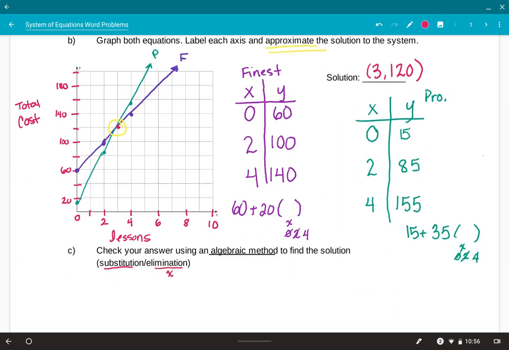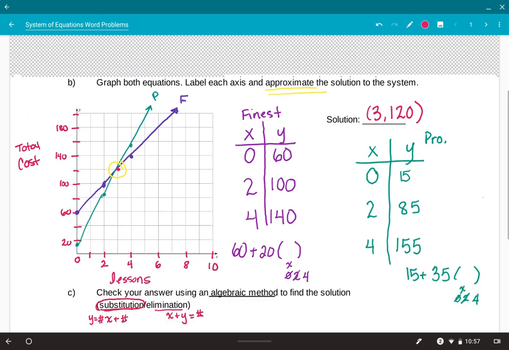Elimination is when you have something like x plus y equals some number. Substitution is when at least one of them is in slope-intercept form, and you have some numbers in here. Since our equations are both in slope-intercept form, I'm going to use substitution this time. What we're going to do is have one equation equal the other.